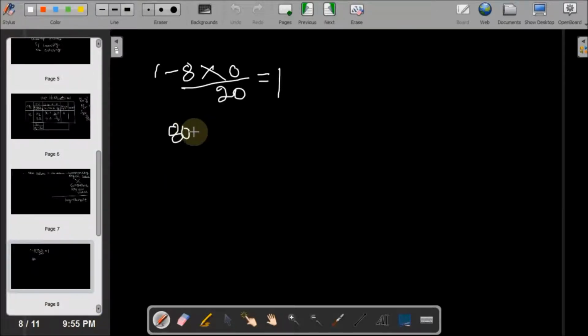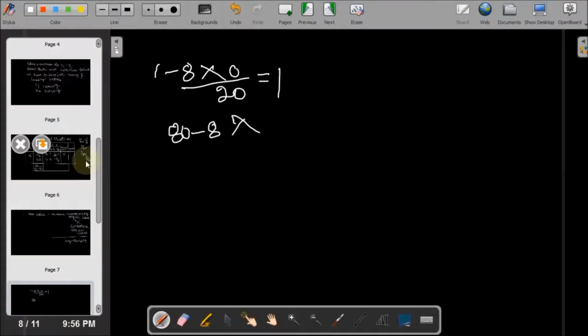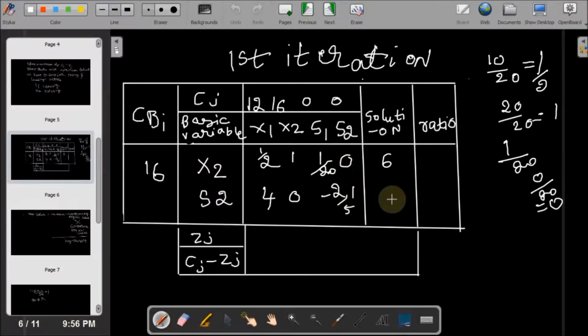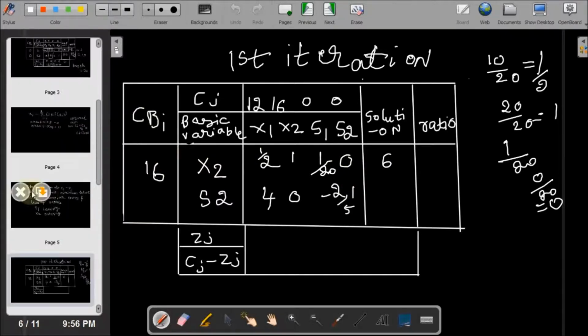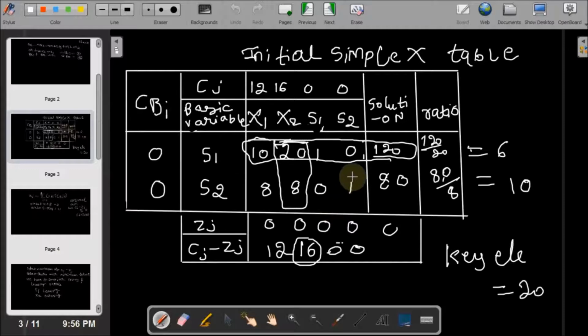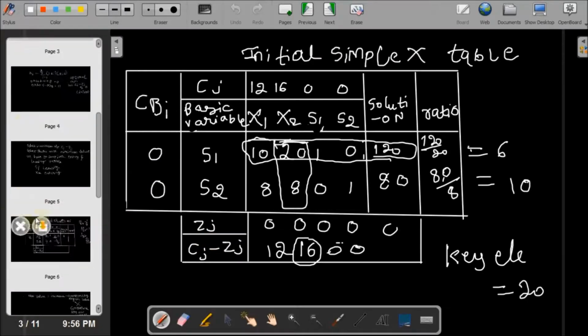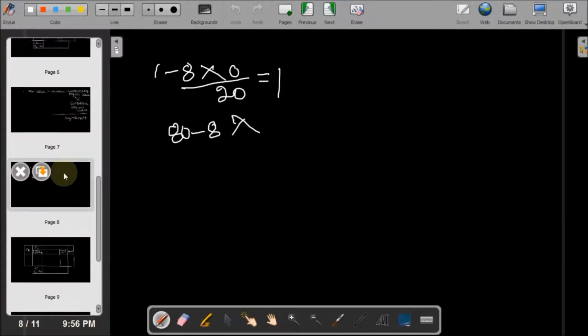80 minus 8 into, what is the corresponding row? Sorry, this is the new iteration. So the corresponding row for this is 120. So I have to write 120. What is the key element?